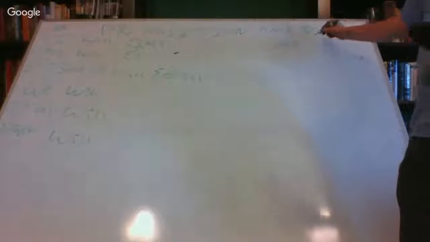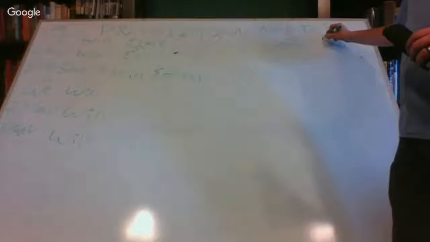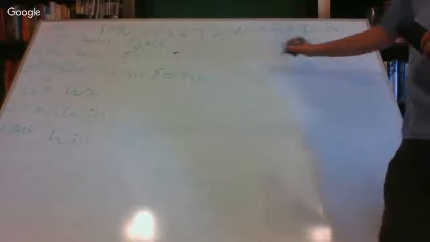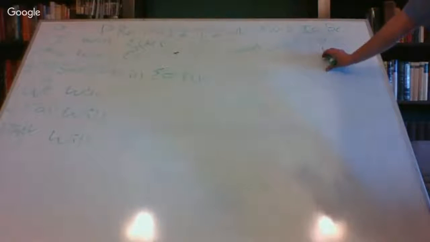So nouns, how do we determine the difference between the cases and the nouns? We call them case endings. So nouns have case endings. Verbs don't use cases.